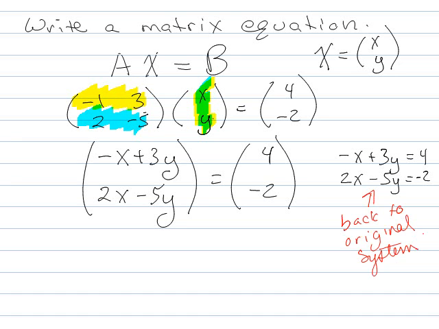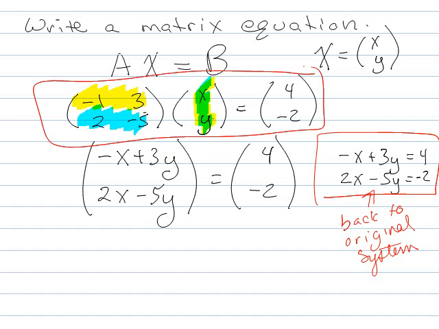So what I'm trying to show you is that you can take something that looks like that, and as long as it's linear, so you don't have any squares or square roots or anything funky like that, you can plug it back into matrices and create a matrix equation that looks like this here. So this is the same as that.